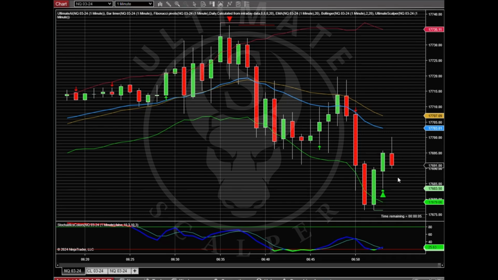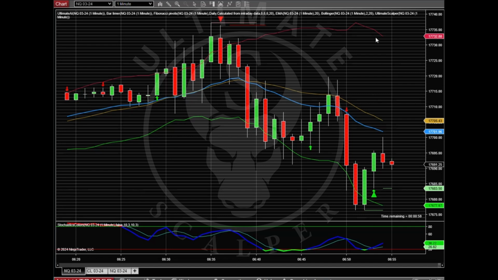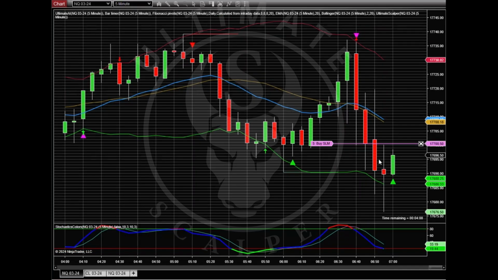So I'm strictly going to take signal breakouts of the previous bar. I'm not going to follow any stochastic or Bollinger Bands or EMA or anything. If it shows a signal and it breaks out, I'm going to take the trade for a scalp. NQ 5 minute chart. I have the arrow.